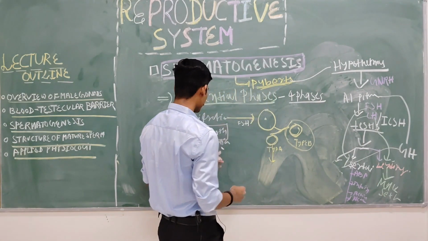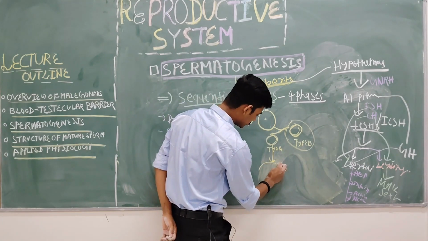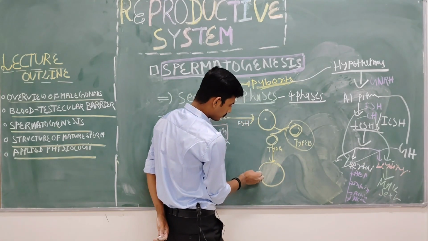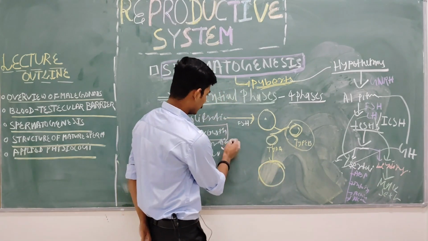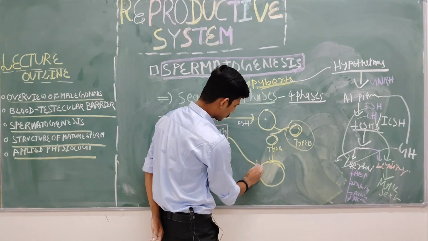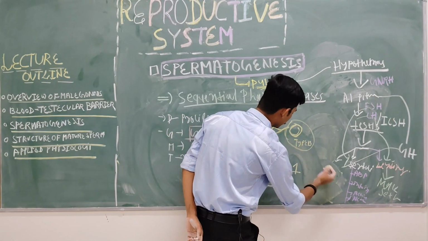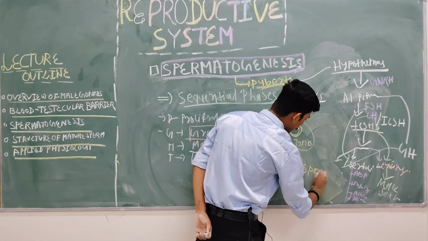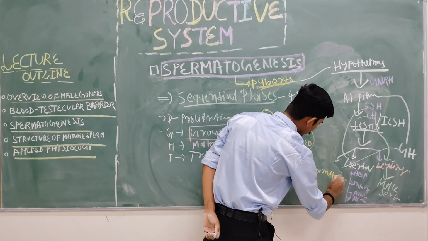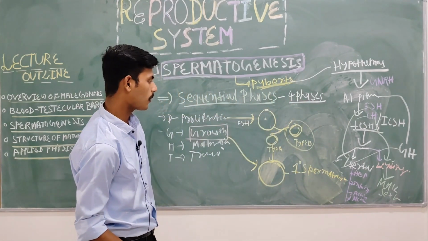Now this type A becomes enlarged, and it is a growth phase. This is called the primary spermatocyte. Write it down, it is called the primary spermatocyte. No problem.